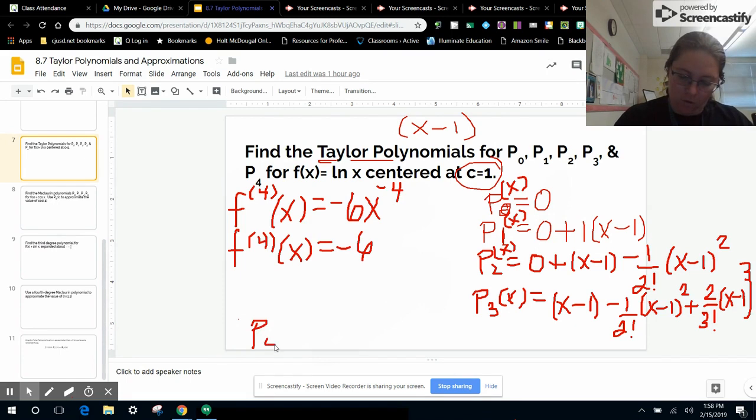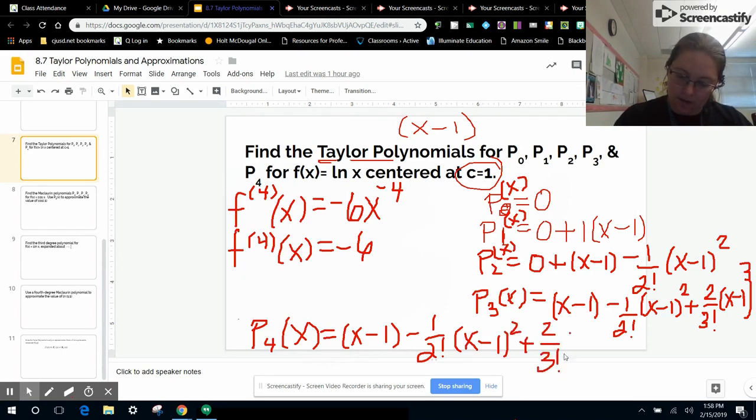So P4 of x is x minus 1 minus 1 over 2 factorial x minus 1 squared plus 2 over 3 factorial x minus 1 cubed. And then it's minus again, it's negative, so notice this is alternating. So that's negative 6 over 4 factorial x minus 1 to the fourth.